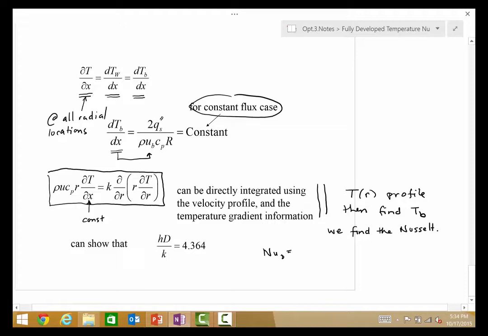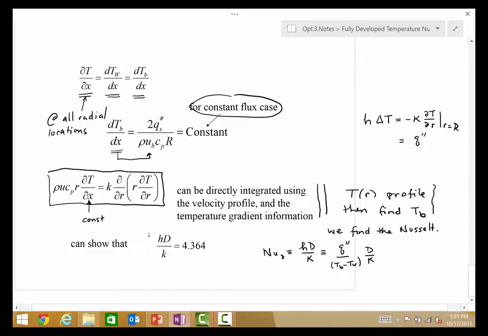We say Nu_D is HD over K, but really what that is we substitute for H. We know that H delta T is equal to minus K dT/dr at r equals R, not D. And so we can substitute, which is just, again, our Q. So what we're really doing is we're substituting for this Q over delta T, where it's TB minus TW, times D over K. So we get our TB minus TW from our temperature profile, and we know what Q is, we know what D and K are.